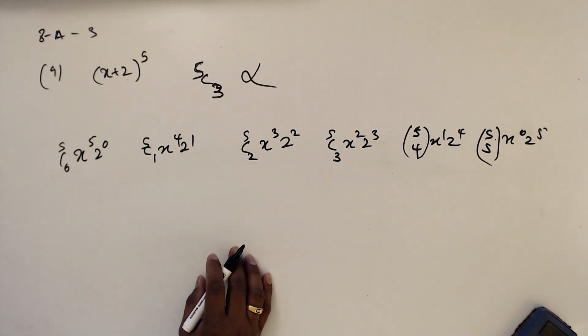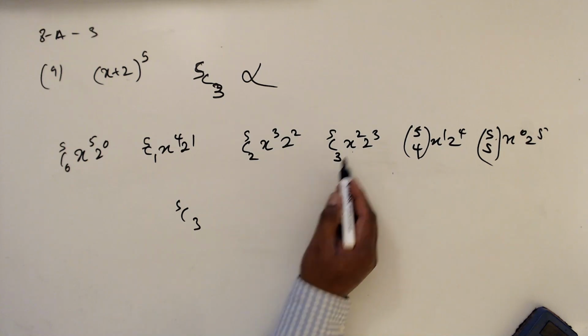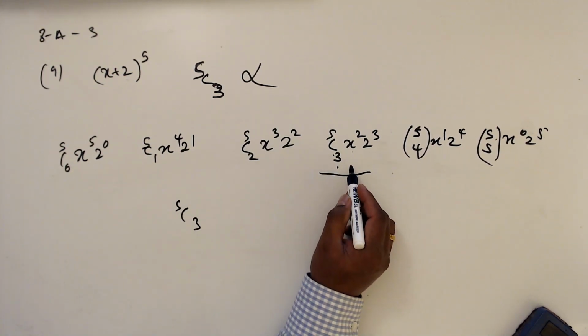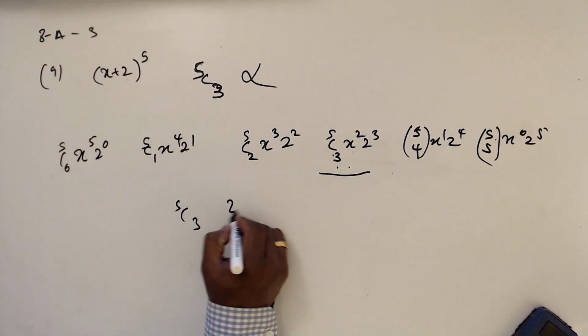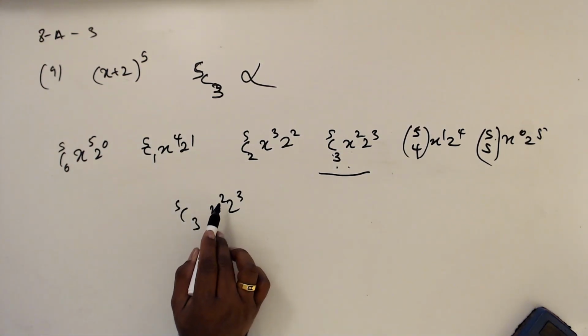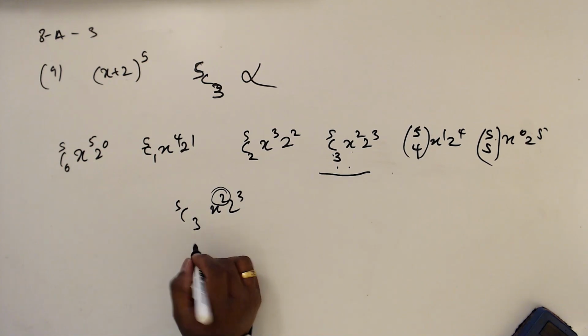Now, if you write 5C3, this is the 5C3 term, then 2 cubed x squared. Now, you can see that in this term it is x squared, not x cubed. So it is an issue.